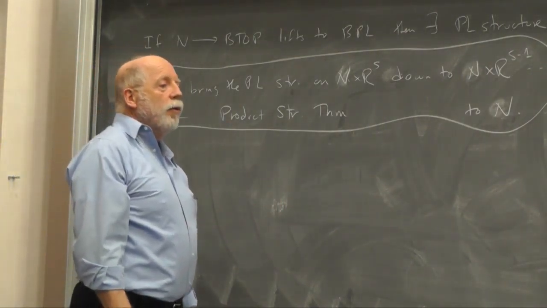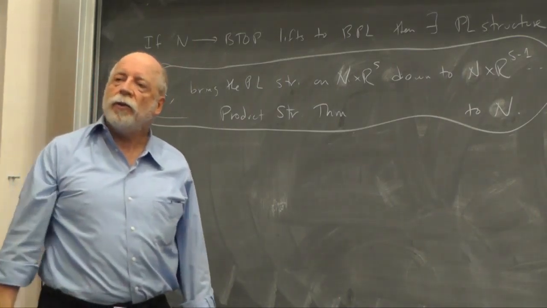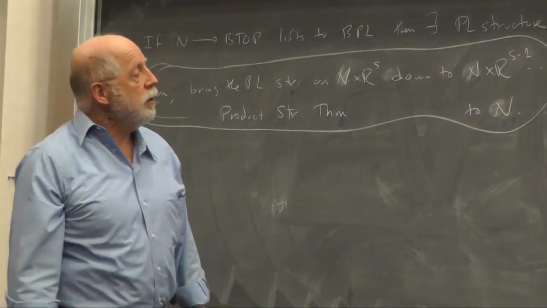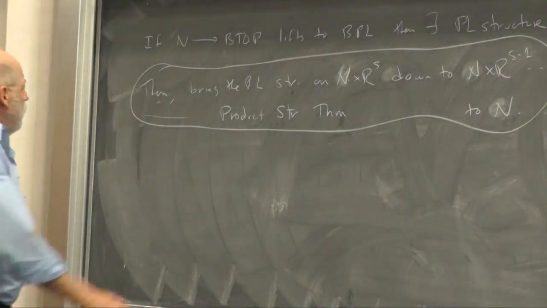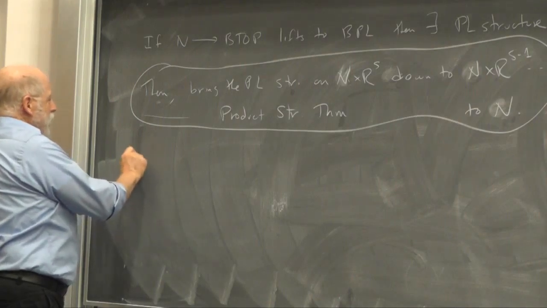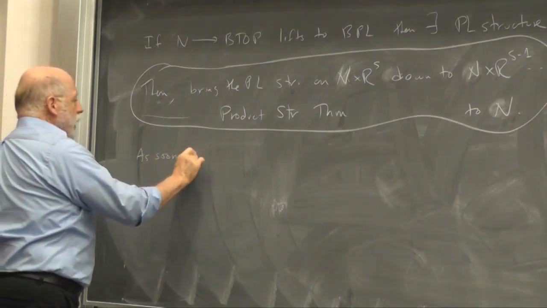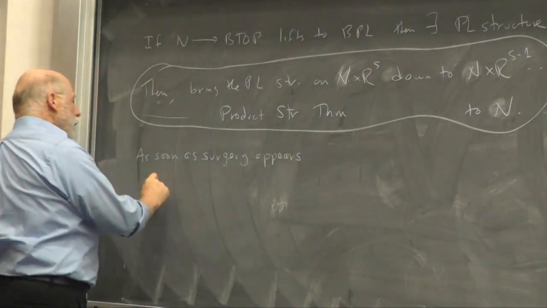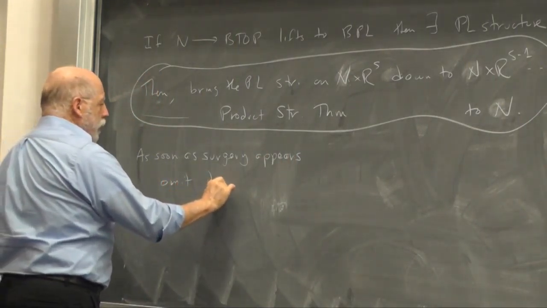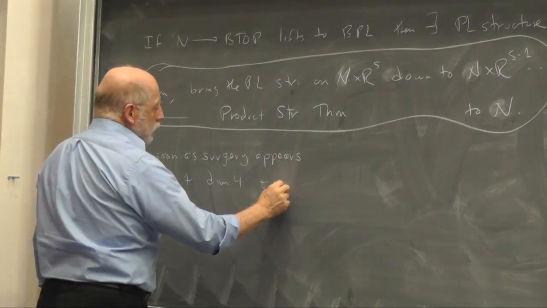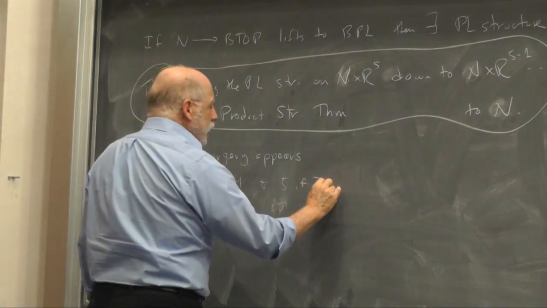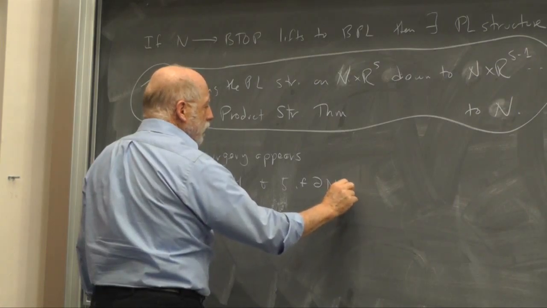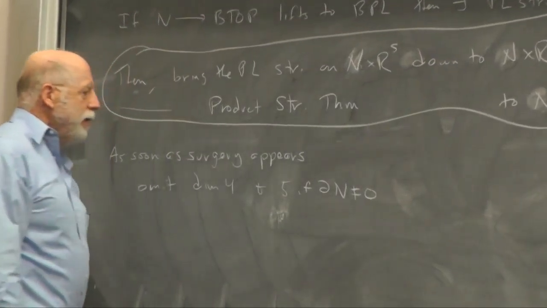Whenever surgery appears, we have to leave out dimension 4, and dimension 5 if the boundary of our manifold is not empty, because then the boundary could be dimension 4.